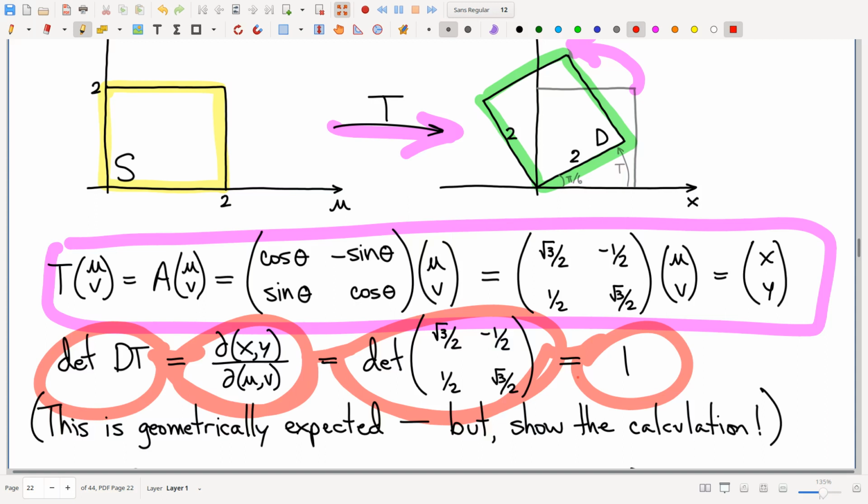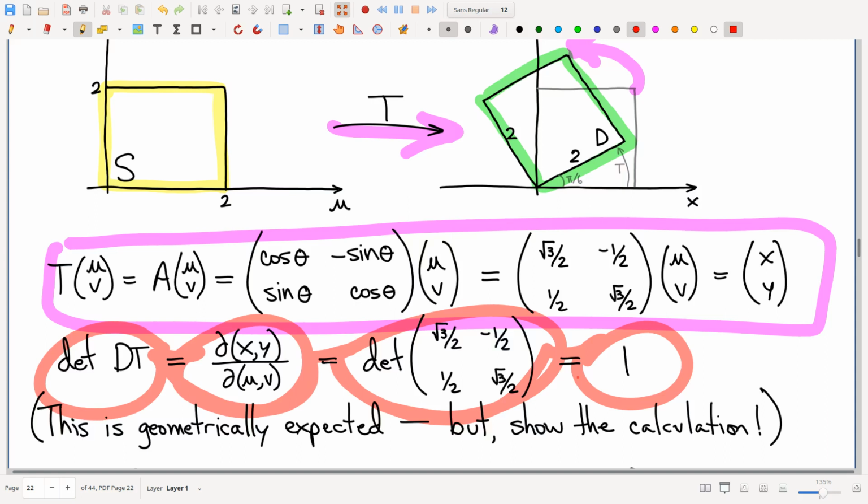Does that make sense? Should that be 1? Yeah, absolutely. Of course it should. It's a rotation. When you rotate something, it doesn't change how big it is. So we shouldn't expect the rotated output areas to be any different than the original input areas. So in some sense, that answer better be 1.